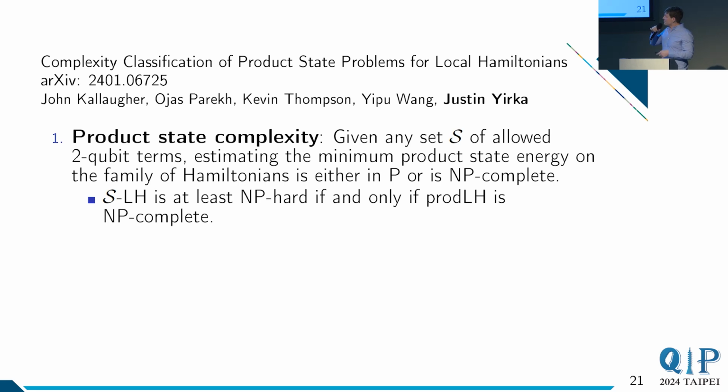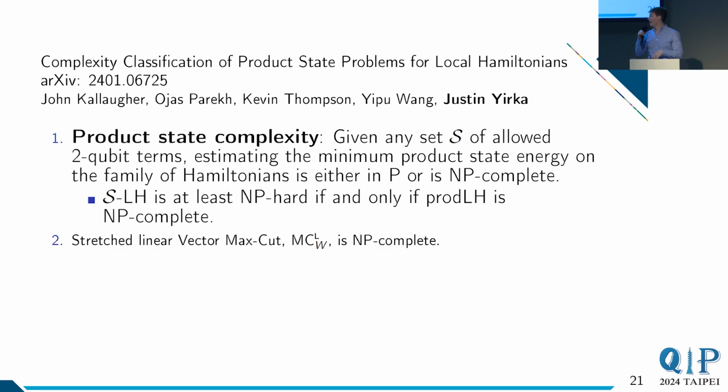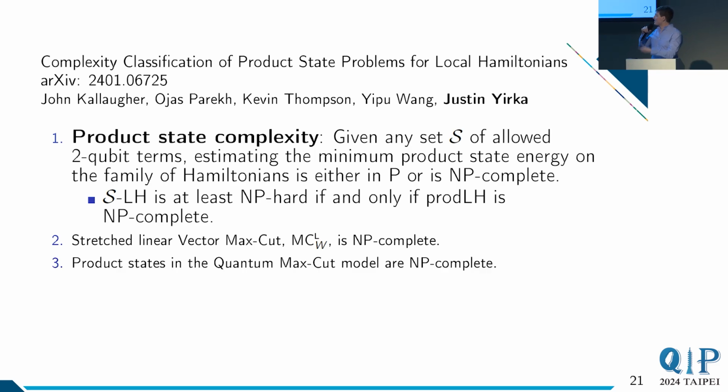This matches the classification of the general ground state energy problem, in that SLH is NP hard if and only if prod LH is NP hard. Along the way, we look at a new stretched linear version of the vector max cut problem, which we show is NP complete. And we have this implication for product states in the quantum max cut model.